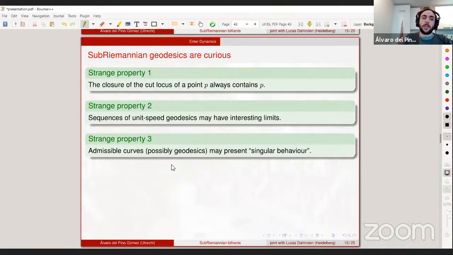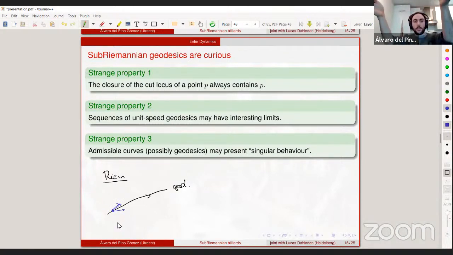So the geodesics we've seen so far are very well behaved in the following sense. If you're in the Riemannian setting and you pick a geodesic, and now you take the nearby geodesics starting from some point, meaning I'm looking at vectors that are very close to my vector, then at least for small times the geodesic spray is super nice.